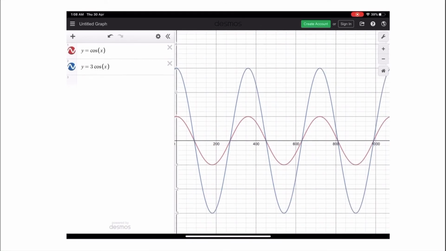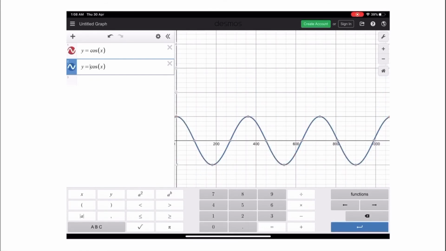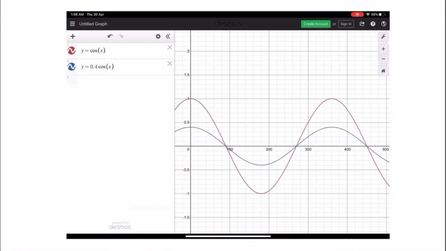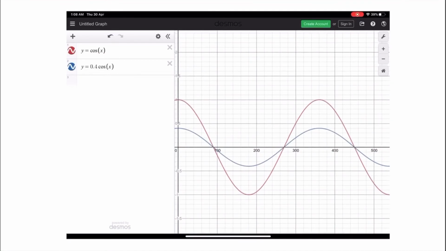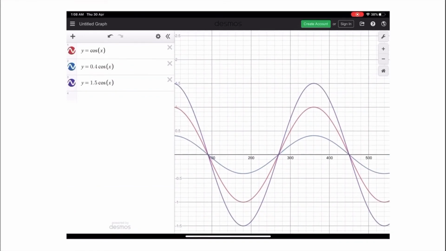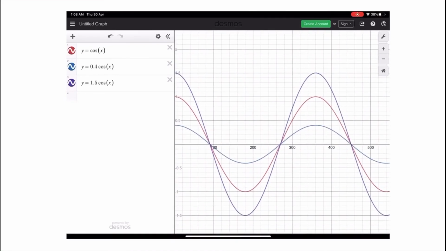And notice the period, the angles are unchanged. 0.4 cosine x, it becomes shorter. Now let's see what happens if it's negative. Before that, 1.5 cosine x, also the same stretching. Only the amplitude changes, everything else remains the same.